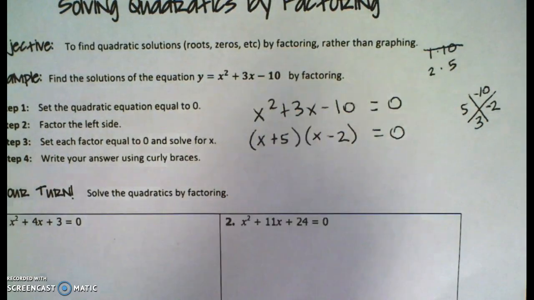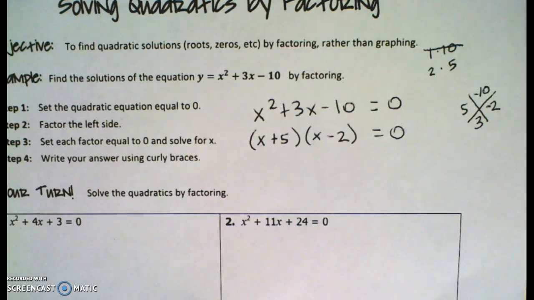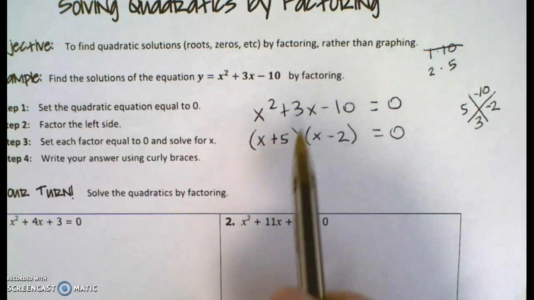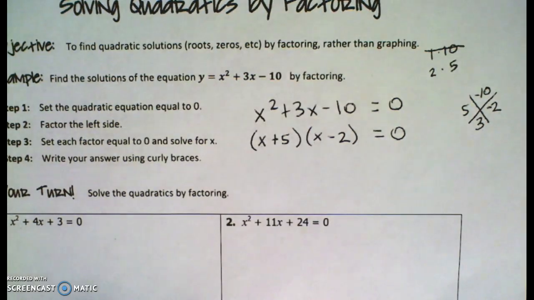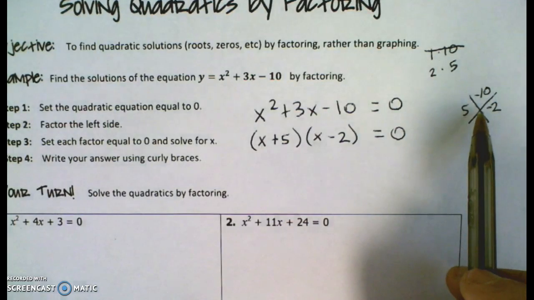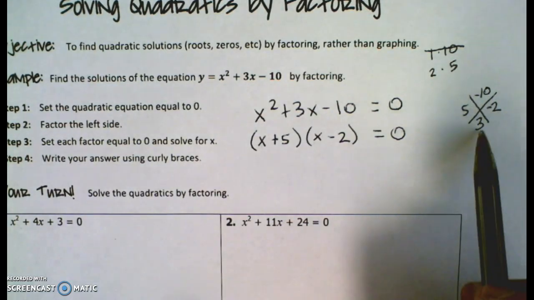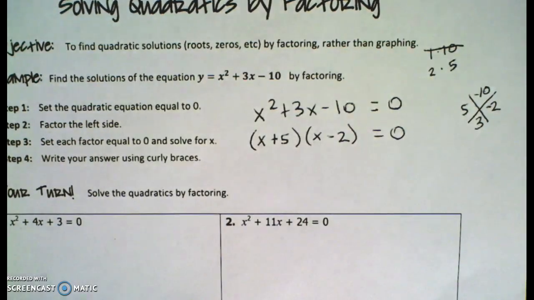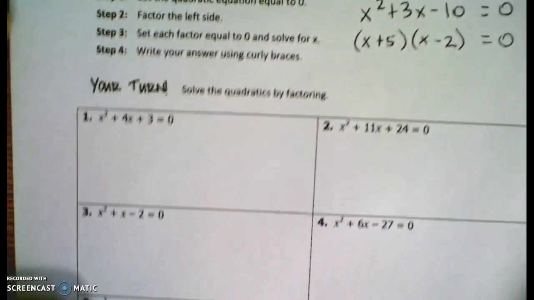Eventually we're going to look at how we solve this and how we can turn this equation back into this to check it. But for now, we're just going to work on factoring and turning these equations into the factored forms. So we'll use that little strategy, if it helps you, of putting the number at the end on the top and the middle at the bottom, and see if we can use that to help us factor.